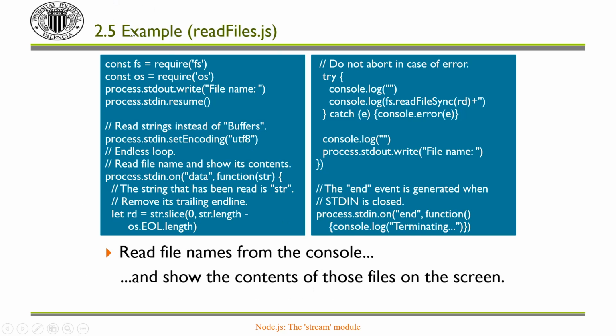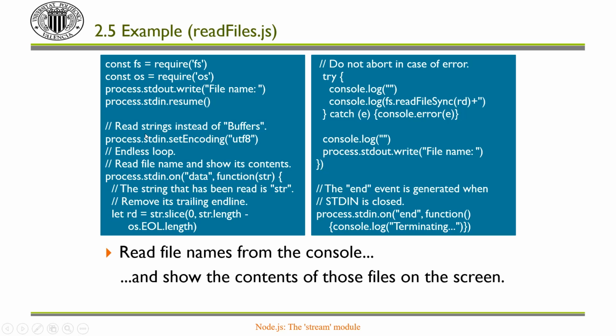Let's see a program that combines all these operations and events. We are importing the FS module and the OS module. We are asking for a file name, and we activate, using resume, the standard input stream.